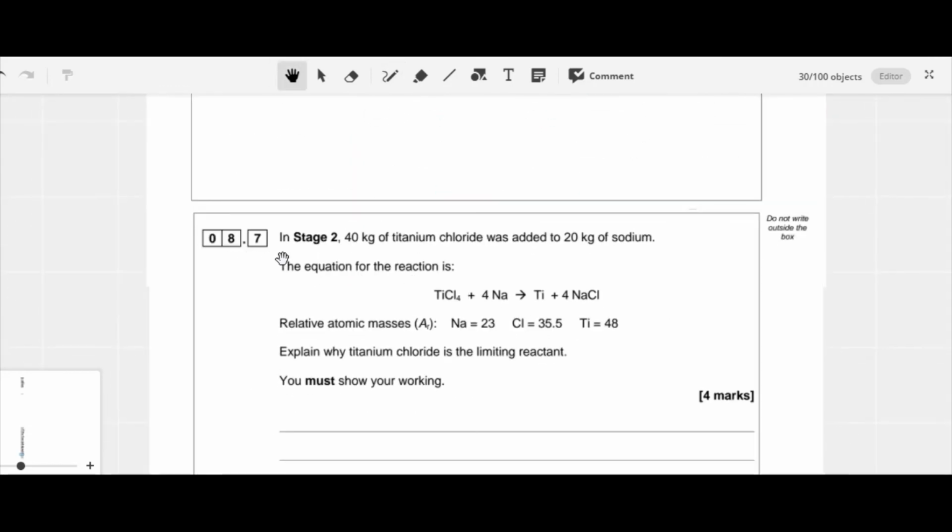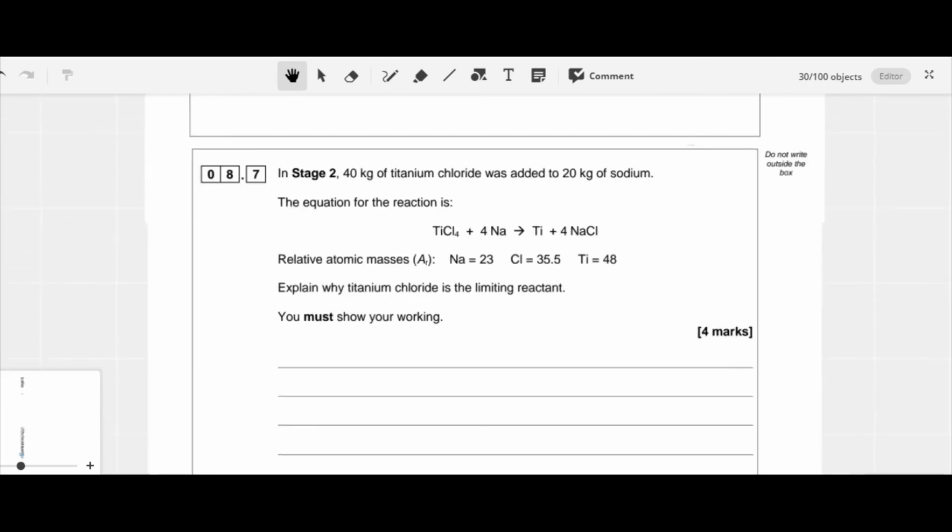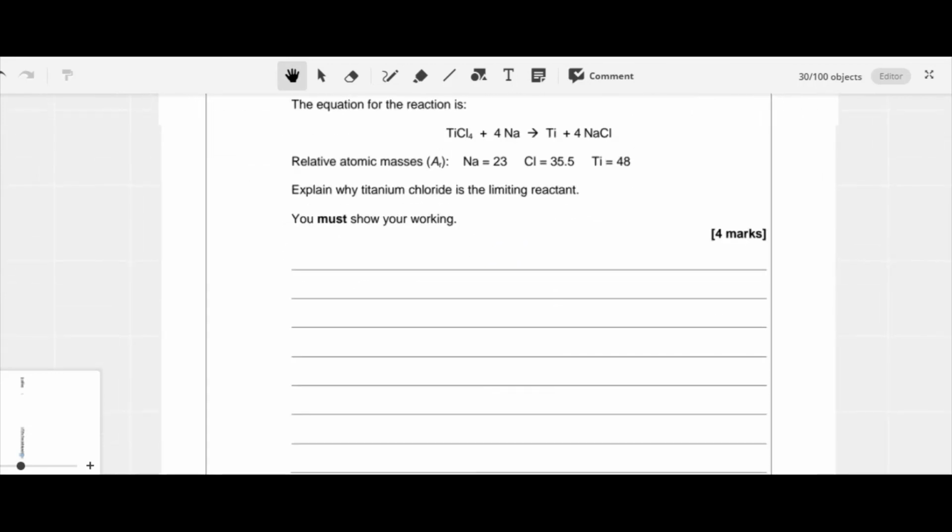Okay, 8.7. In stage 2, 40 kg of titanium chloride was added to 20 kg of sodium. Here the relative atomic masses are given. Explain why titanium chloride is the limiting reactant. As we know, the limiting reactant is the reactant that is used up completely in the reaction.